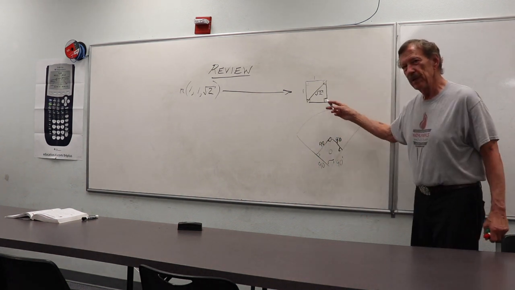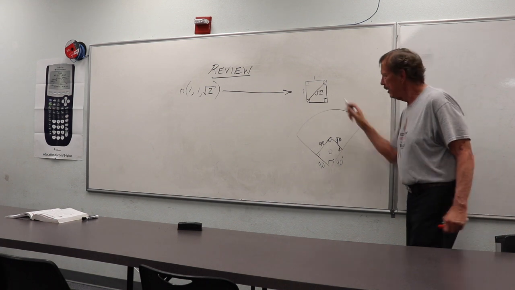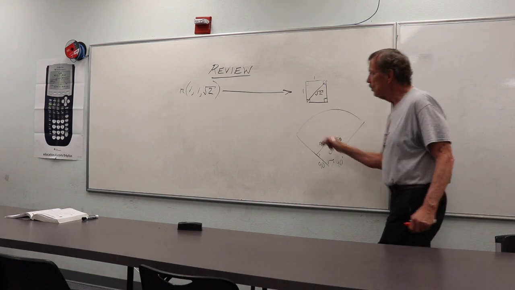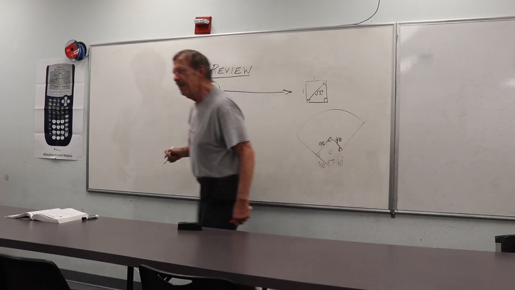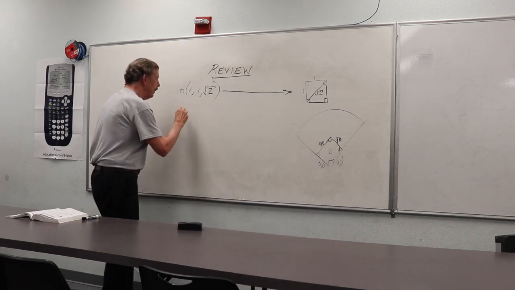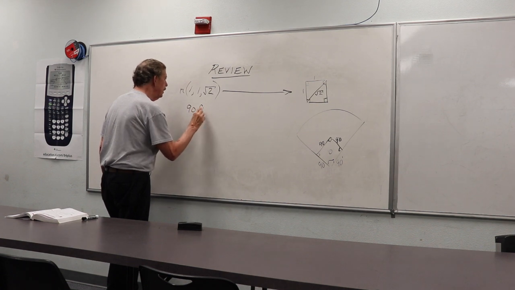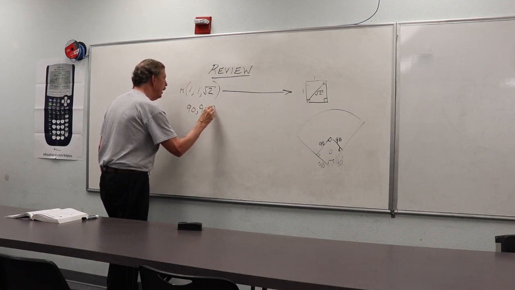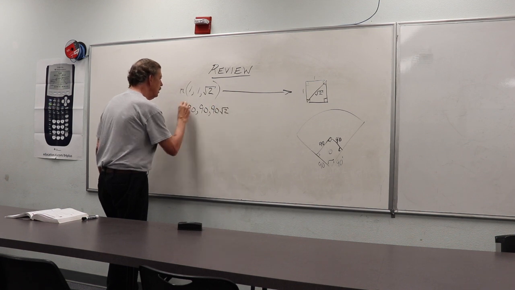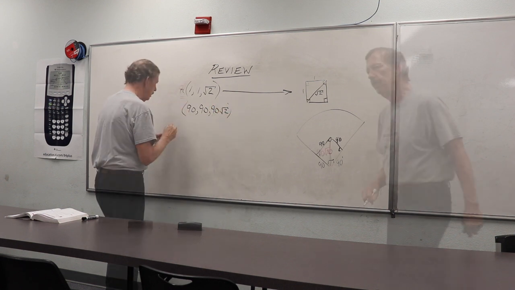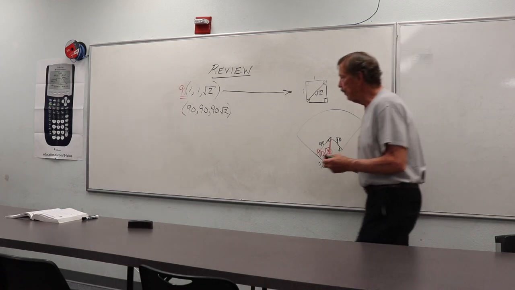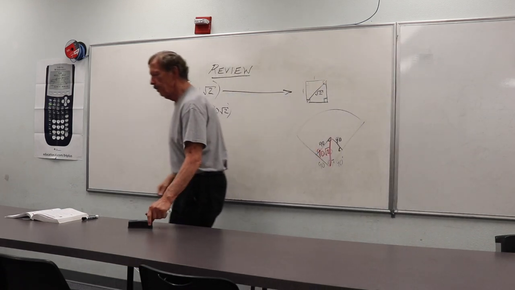So we've taken this very drawing and used a multiplier of 90. That gives us 90, 90, and 90 times the square root of 2. That's our first Pythagorean triple.